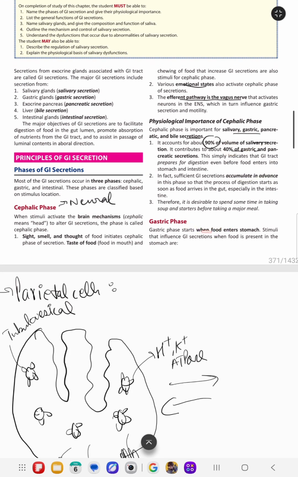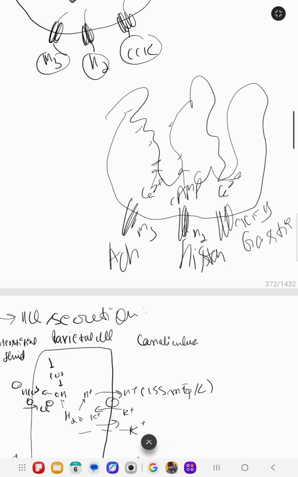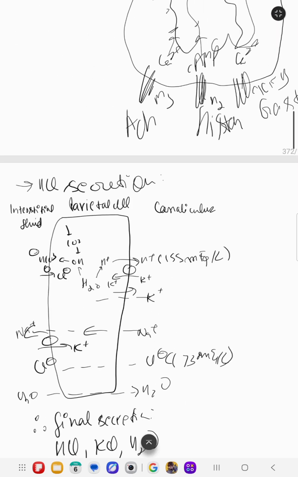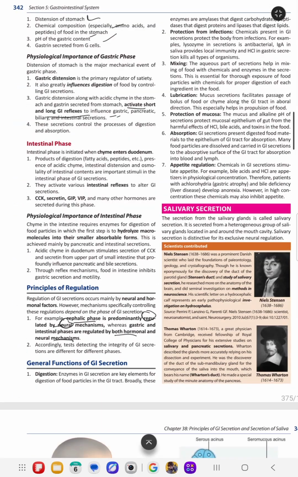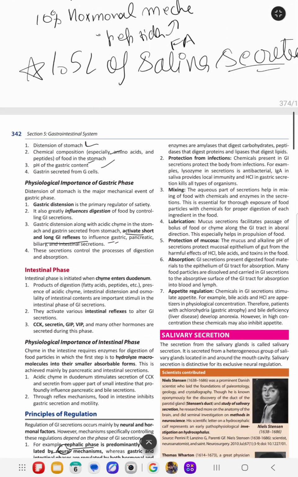Now the gastric phase, when food enters the stomach. The stimuli that increase secretion in the stomach are distension, the chemical composition and breakdown of our food, and our pH.